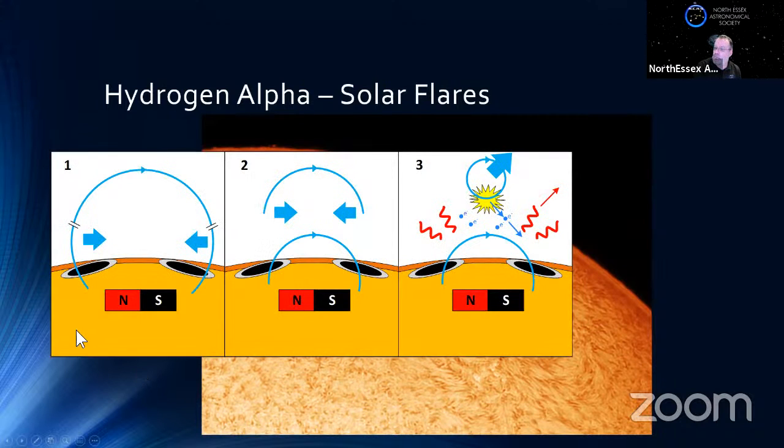And what actually tends to happen is that you have the magnetic field coming out of an active region or a sunspot, as we've seen before, and then you often get a second opposite polarity bit of field poking up, and that tends to disrupt the magnetic field, and the bottom part of the magnetic field will reconnect, as we see in diagram 2 here, leaving a big chunk of disconnected magnetic field up in the chromosphere.